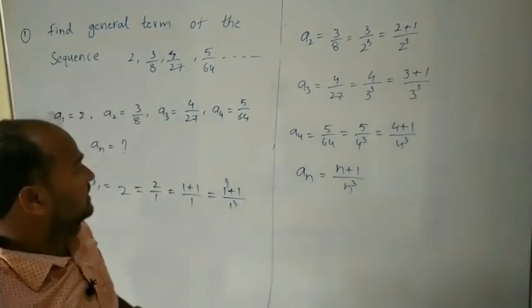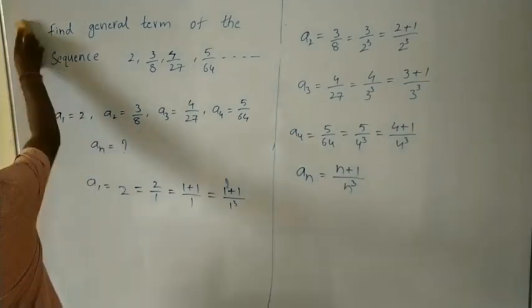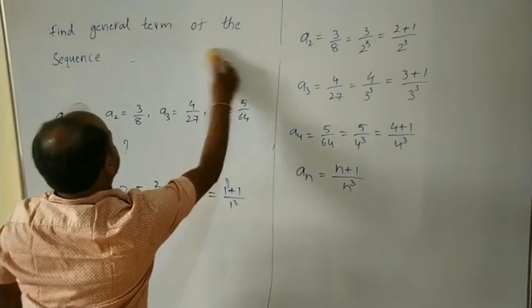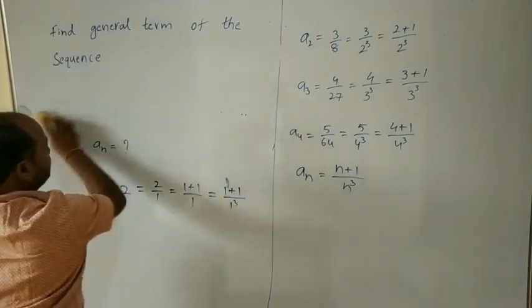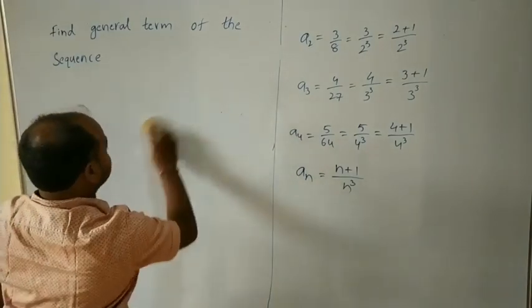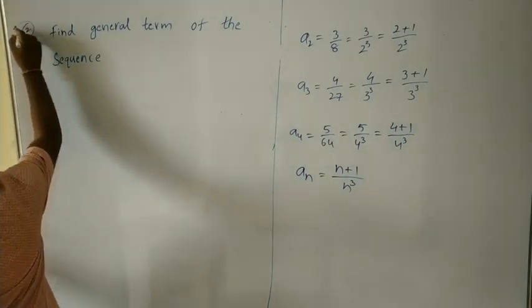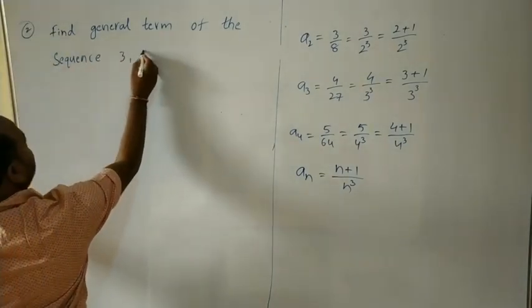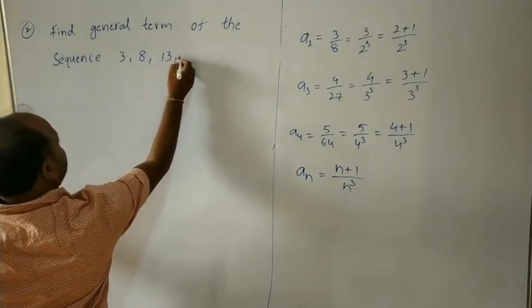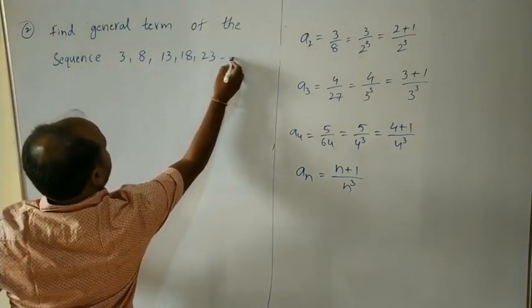Similarly, let us see another example. Find the general term of the sequence 3, 8, 13, 18, 23, and so on.